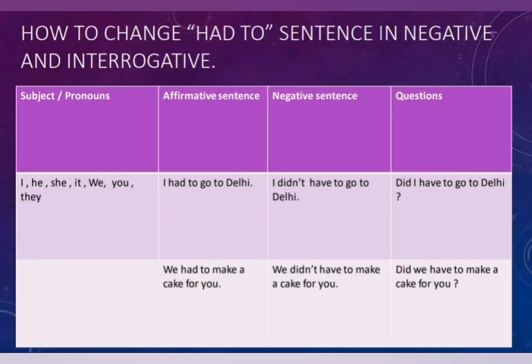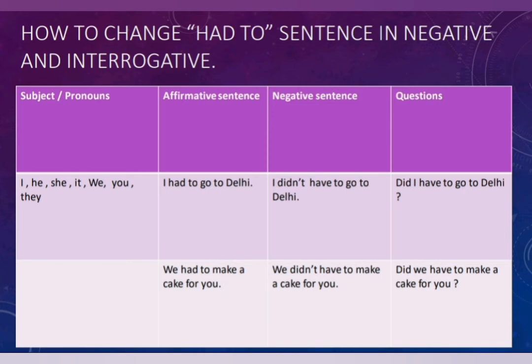Now let us learn how to change had to sentences into negatives and interrogatives. This can be done with the help of the rules of simple past tense. As you all know, while writing sentences in negative and interrogative in simple past tense, we use the helping verb did.